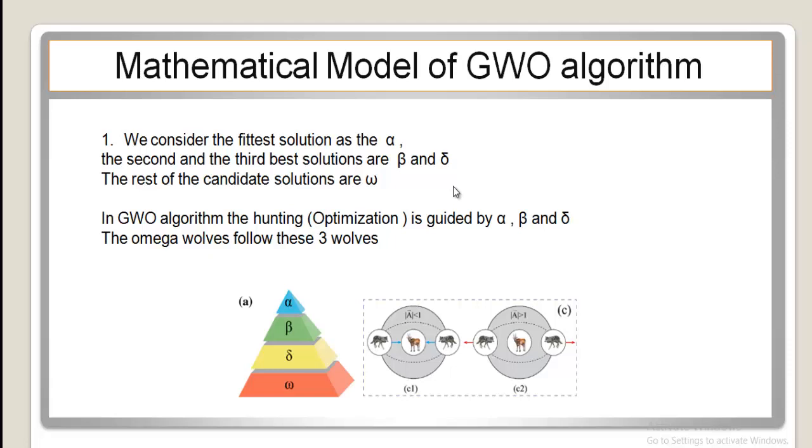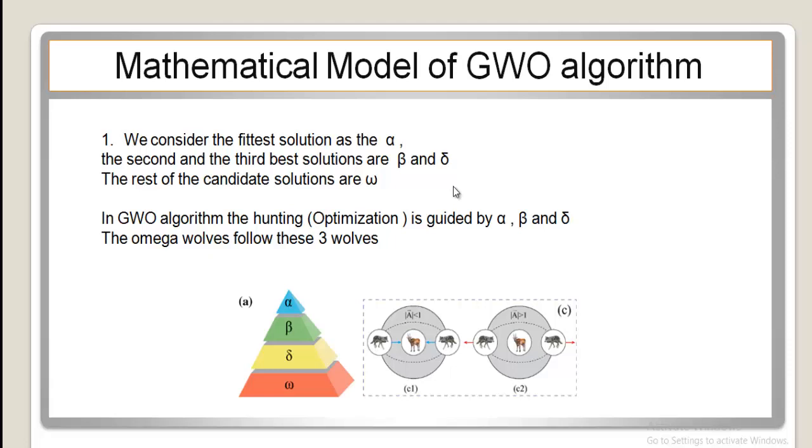Just below the alpha, we find the beta and the delta, corresponding to the second and the third solution, respectively. These leading solutions are guiding the rest of the agents, which comprise the omega values, representing all the candidate solutions.